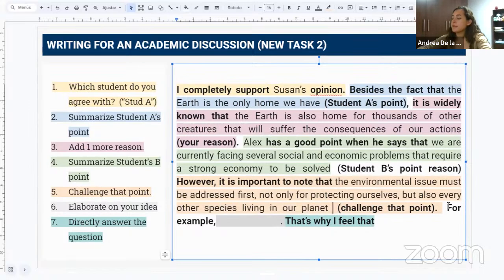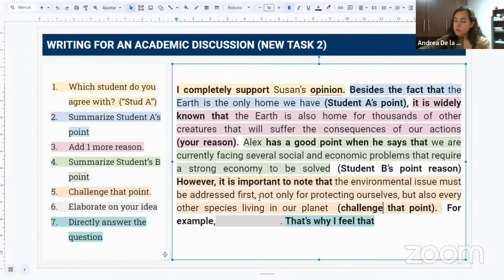Y ahora finalmente tenemos que dar detalles. Necesitamos dar ejemplos, detalles, evidencia, cosas que prueben nuestro argumento, ¿no? It's up to you what type of examples you want to give. For example, if we're saying that there are other species that are suffering our consequences, you guys can maybe give examples of animals that are under danger of becoming extinct, or maybe like, I don't know, how fish are dying because of pollution, or, you know, just give some examples about what we're saying.